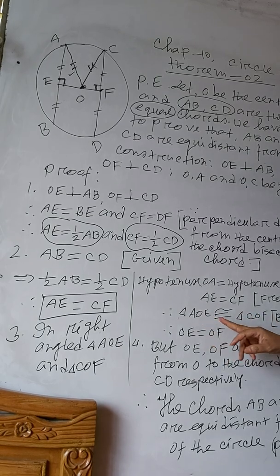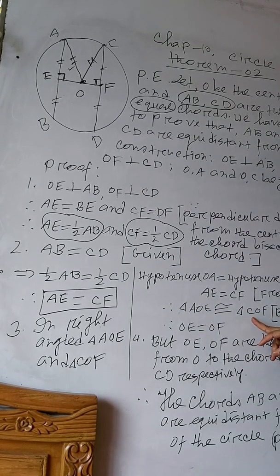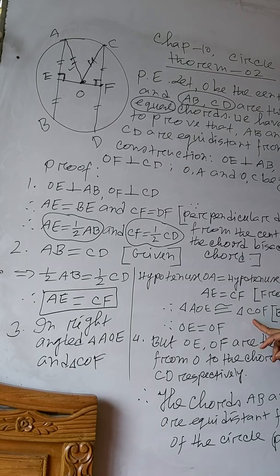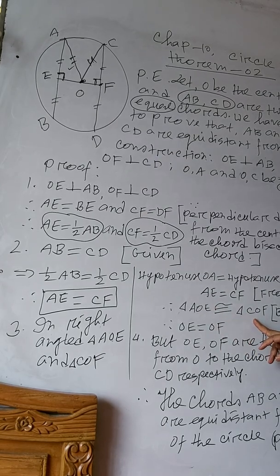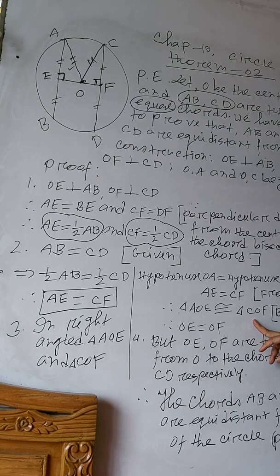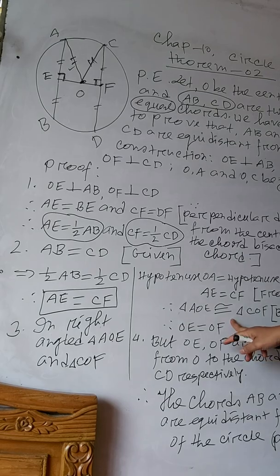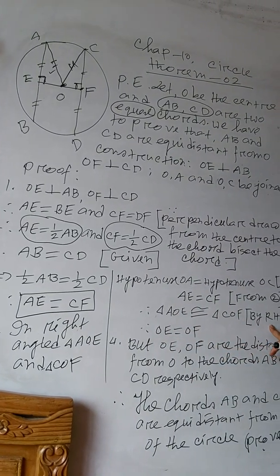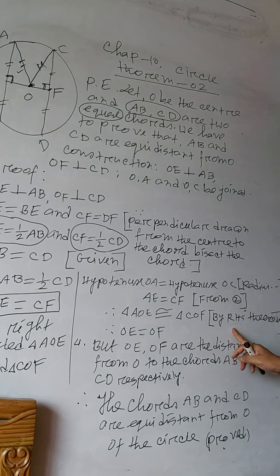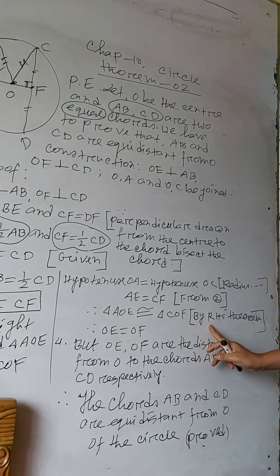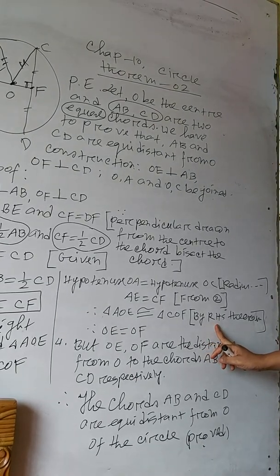Triangle AOE is congruent to triangle COF, because in right angle triangles, to prove congruence, hypotenuse and one side must be equal. This is the sufficient condition, the RHS theorem: in right angle triangles, hypotenuse and one side.